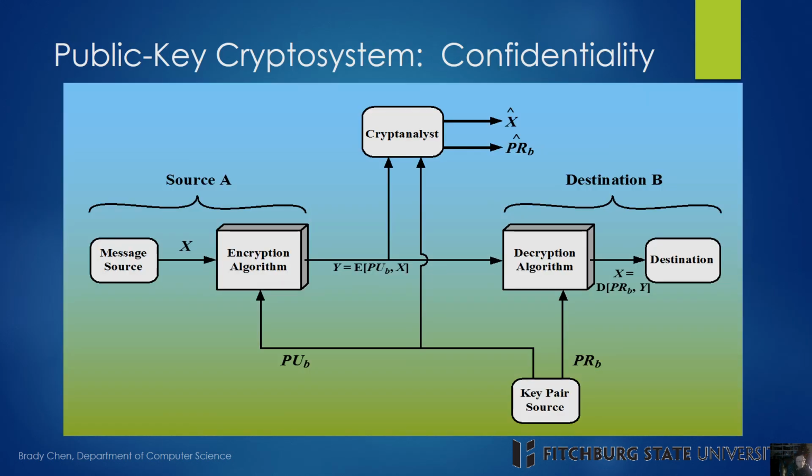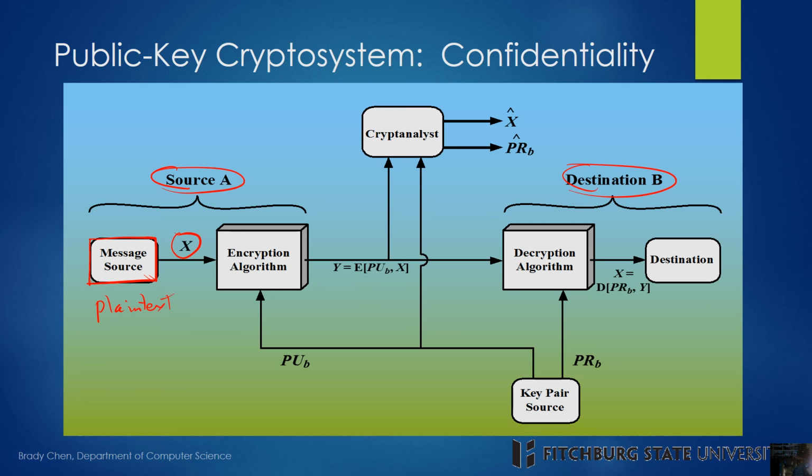So let's summarize what we talked about in the previous slides. Now we talk about the first scenario. The sender, which we call source A, and the destination. Suppose that's the message the sender wants to send. The message we call X, that's the plain text.